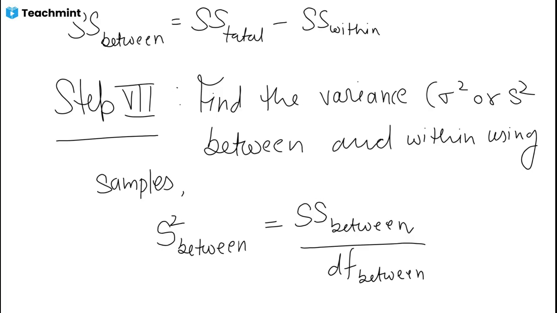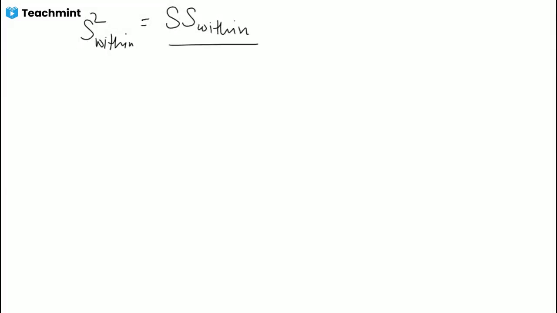Similarly, we can find for within: s square within is equal to sum of square within over degree of freedom within.